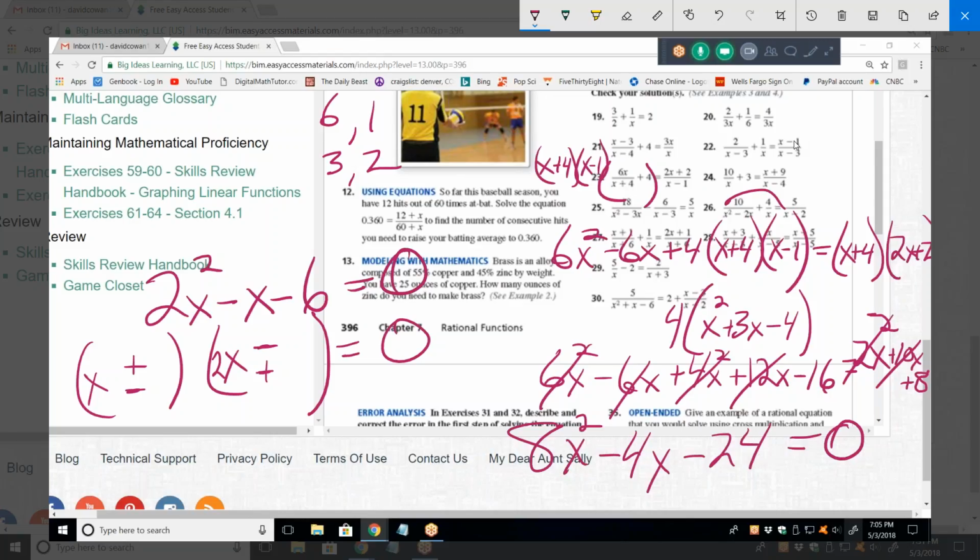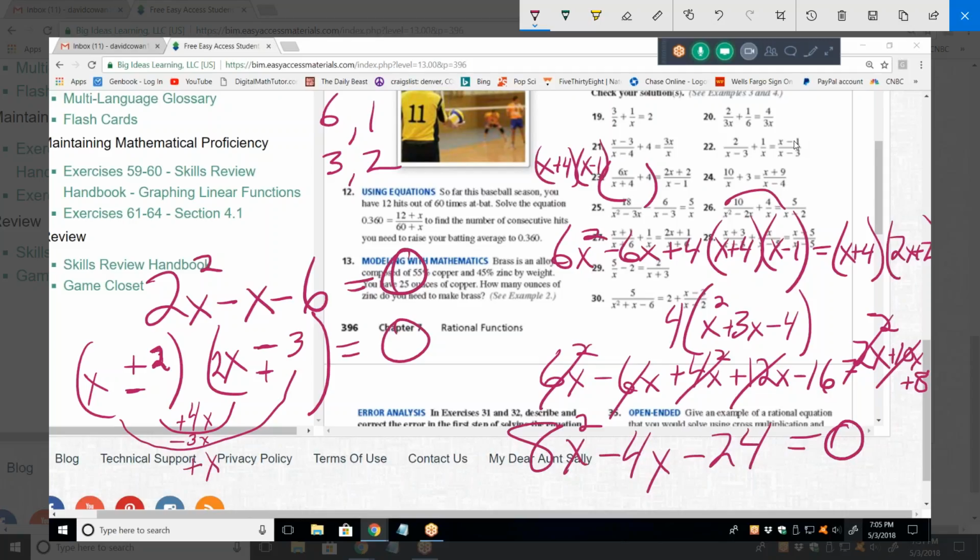If I put the 3 there, there's no way I'm getting there. So let's just start by putting the 3 over there and the 2 here. You'll notice that does produce the right coefficient. It just may be the wrong sign. It produces a plus x instead of a minus x.